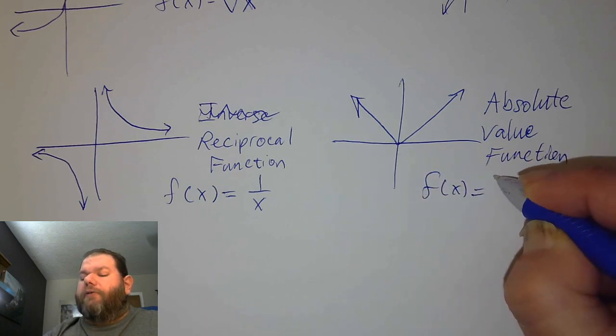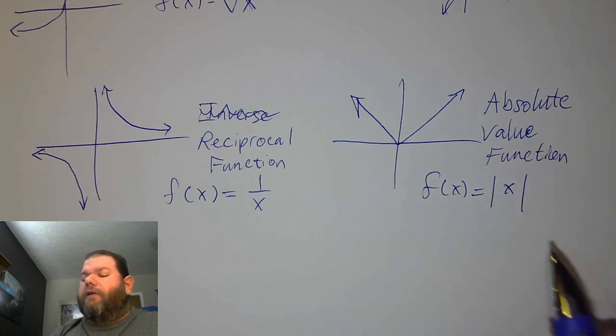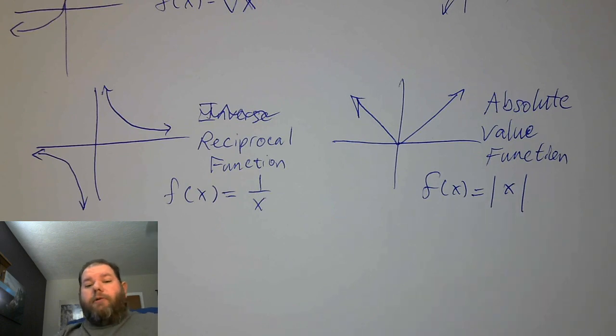F of x equals the absolute value of x. Now that's where we use the vertical bars to represent the absolute value. And the absolute value basically represents the positive number that relates to the distance of the value from 0.